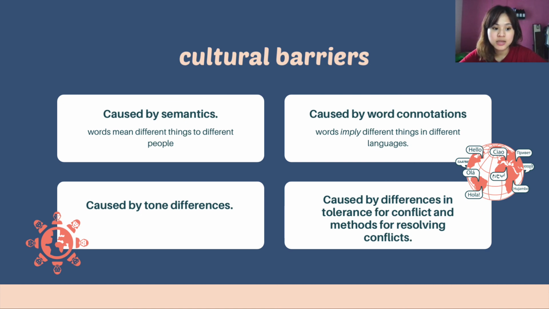And the last is there are cultural differences in tolerance for conflict and methods for resolving conflicts. Individuals from individualist cultures tend to be more comfortable with direct conflicts and will make the source of their disagreements overt. Collectivists are more likely to acknowledge conflict only implicitly and avoid emotionally charged disputes.